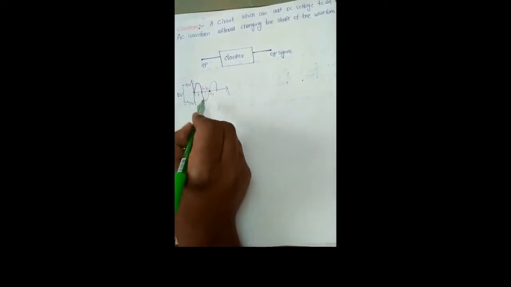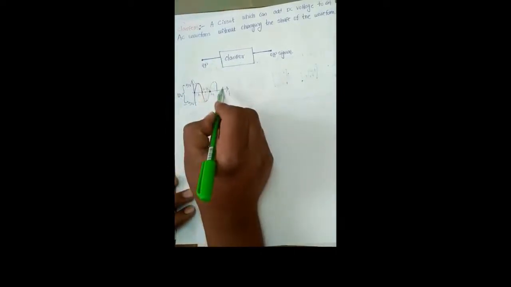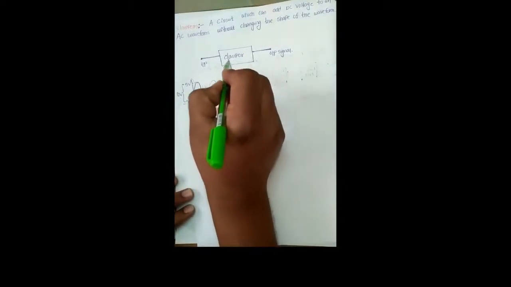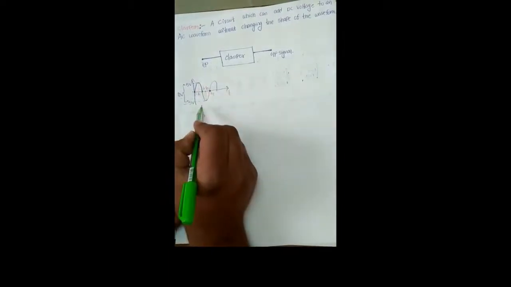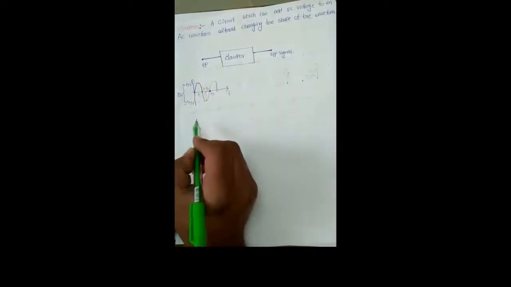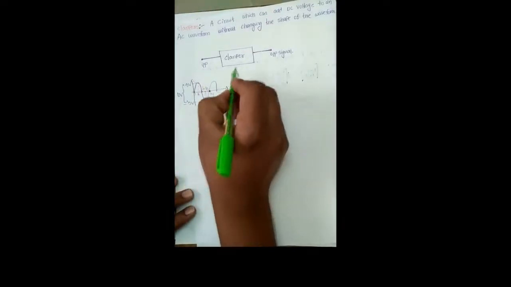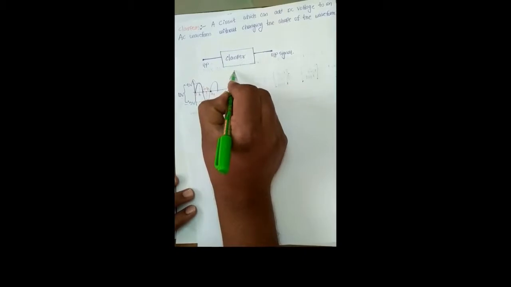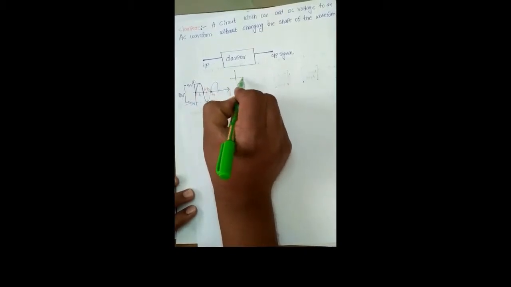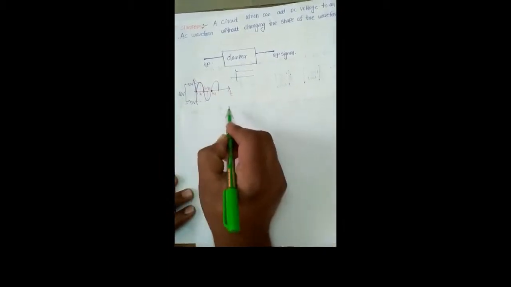Now this sinusoidal signal is given to the input of this clamper circuit, and the clamper circuit adds a DC voltage to this AC waveform. For example, here we consider a positive clamper, which means it adds a positive DC voltage to the AC input signal.